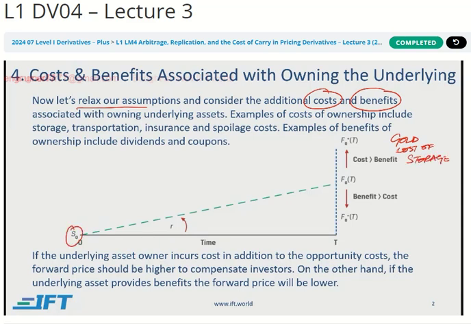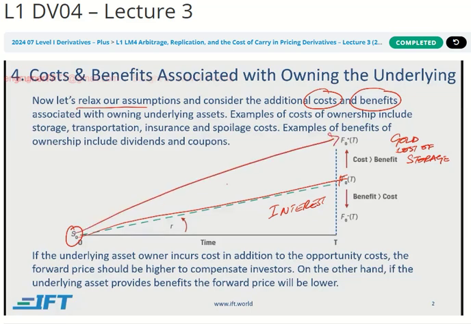So not only should the future price be more than the spot price to the extent that it compensates for the interest or the time value of money or the risk free rate, but also if there is a cost of storage, then you need to have a future price which not only compensates the investor for the time value of money, that they are having an opportunity cost of their funds, but also the cost of storage. So the future value will be greater if the cost is greater of having or holding the asset.